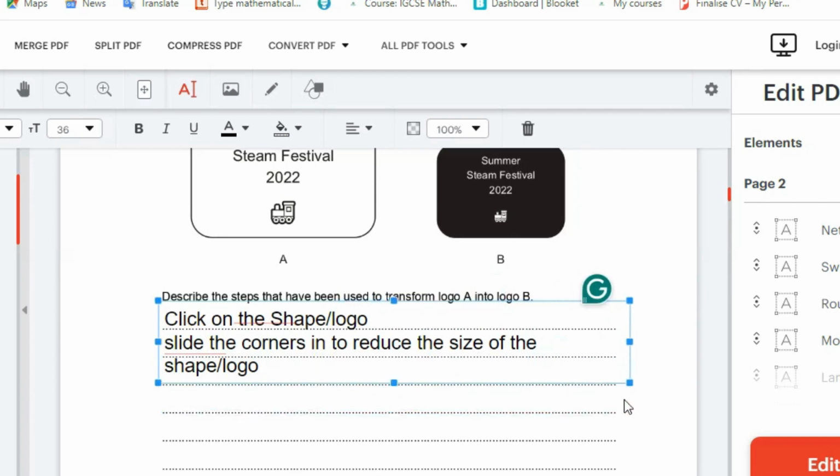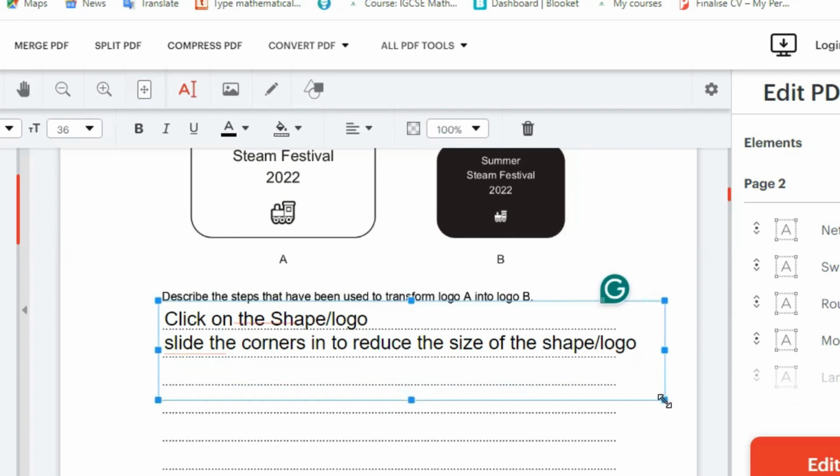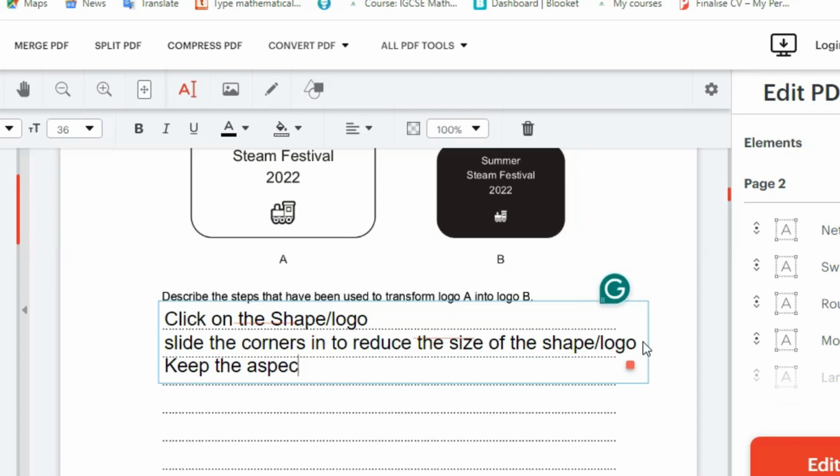That is all what the question asks us to do. Yes, think. You can tell me what else we can do? Yes, correct. Keep the aspect ratio.